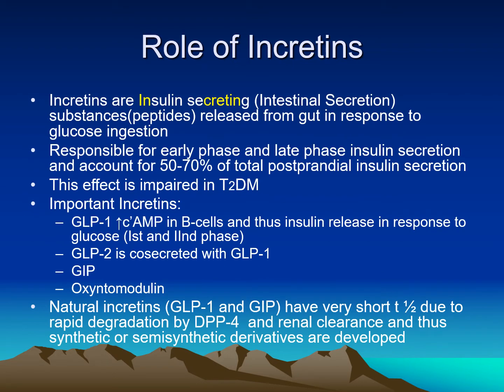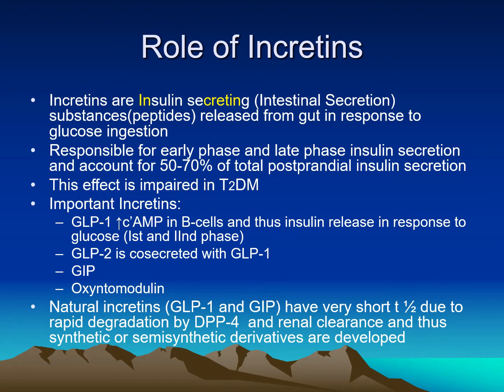Now, what is the role of incretins? Incretin is a name given to insulin secreting substances which are protein peptides which are released from the gut in response to glucose ingestion.